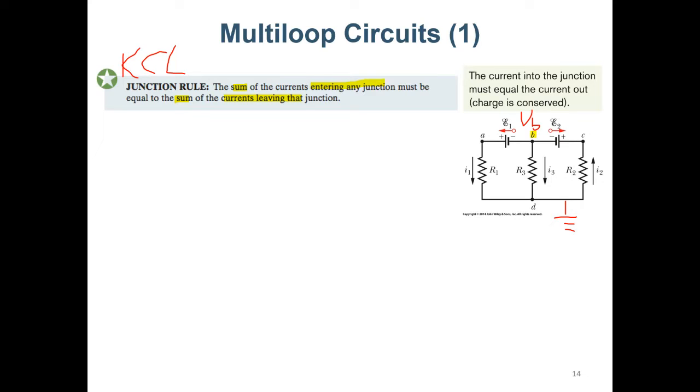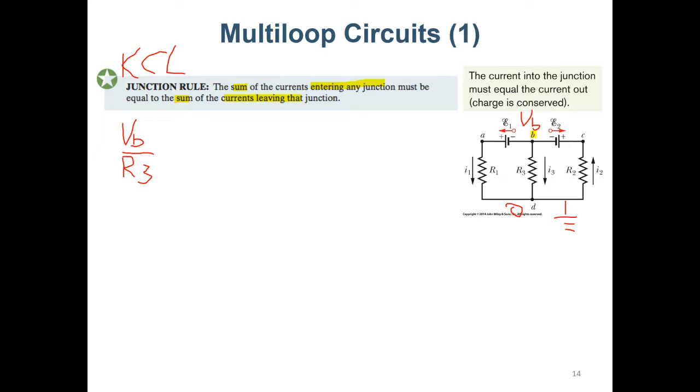Applying KCL at point B would be something like the current going this way, and then we add all of them together to be 0. So I3 is trivial: VB over R3, because this is VB, this is 0. So VB minus 0 over R3.